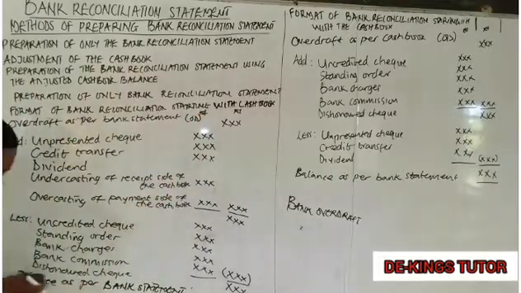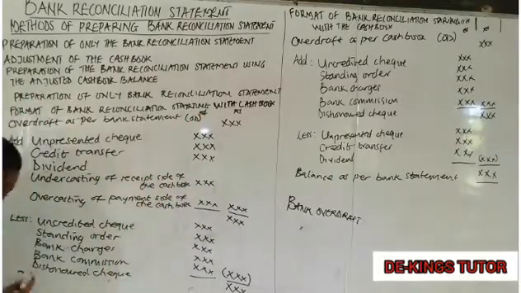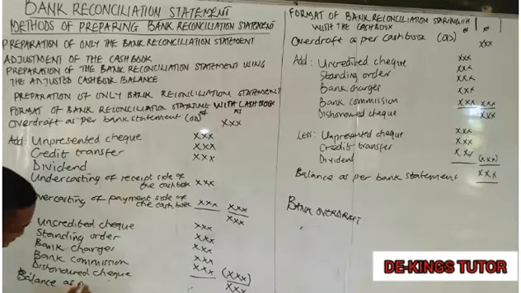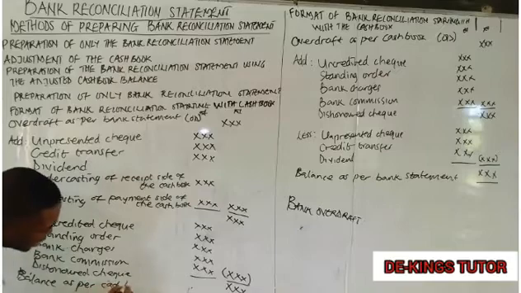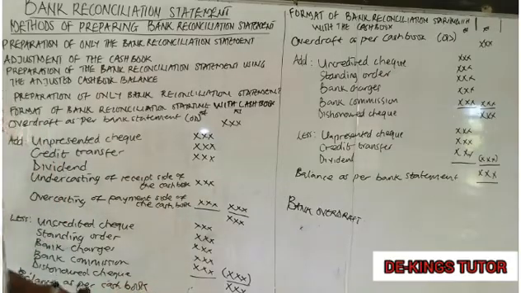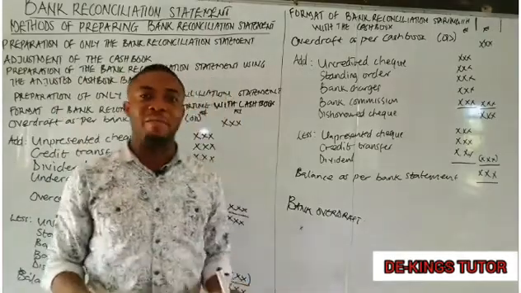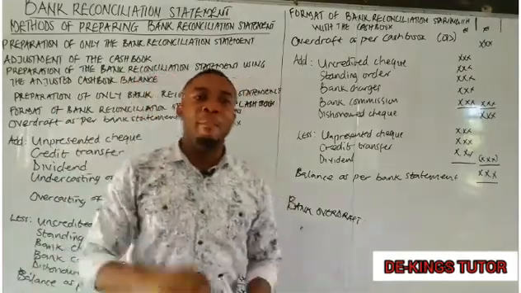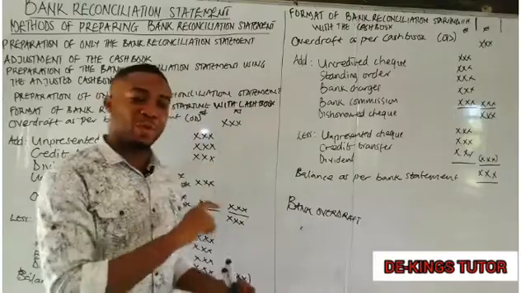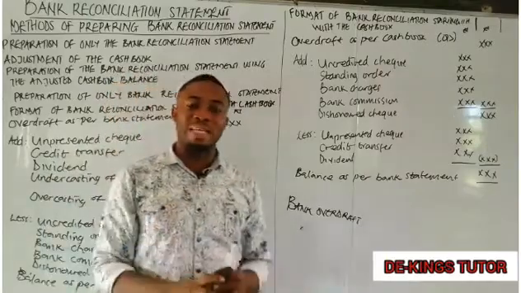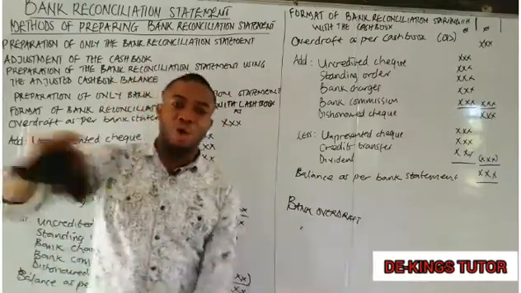So the final answer here will now be balance as per cash book. Okay? So this happens when it is overdraft, when the cash book has a credit balance. But when it has a debit balance, it is the previous way. But if it has a credit balance, it means bank overdraft.